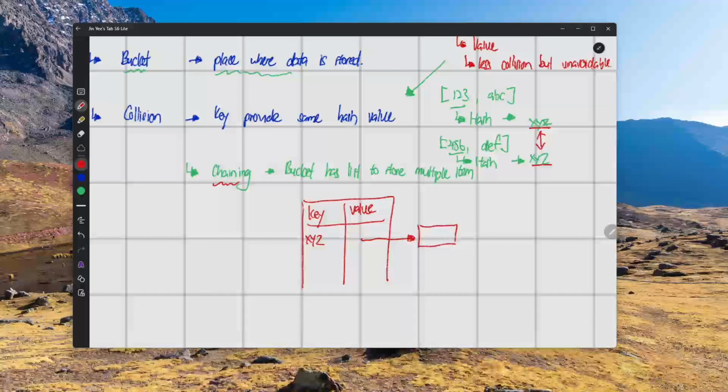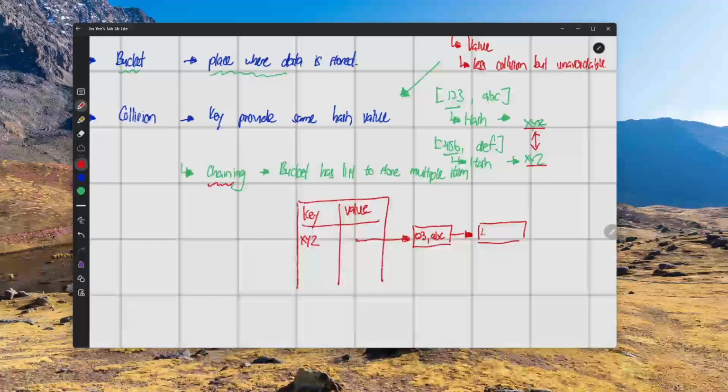This bucket uses a chain mechanism to chain all the key value pairs together. For example, we have 1, 2, 3, which is the key, and ABC is the data, and then we chain another one, which is 456 and then the DEF. So this is what we call chaining.